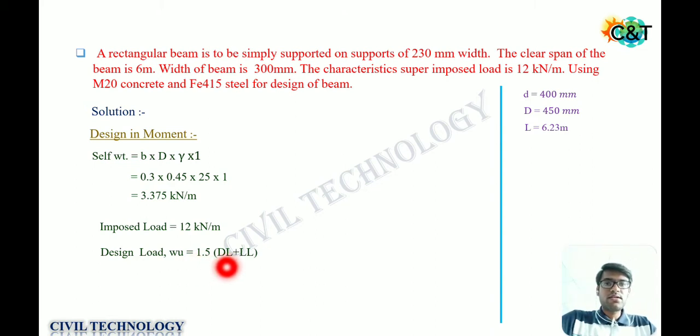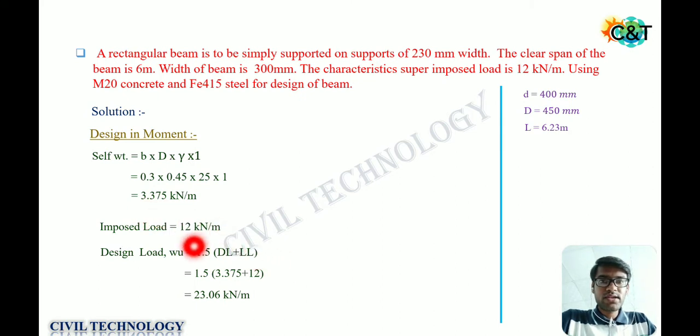But if you want more information regarding this, you can comment, and I will give more information in videos or the comment box. The dead load, that is the self weight, we just calculated as 3.375, and the live load is 12 kilonewton per meter, already given. So our design load comes to 23.06 kilonewton per meter.